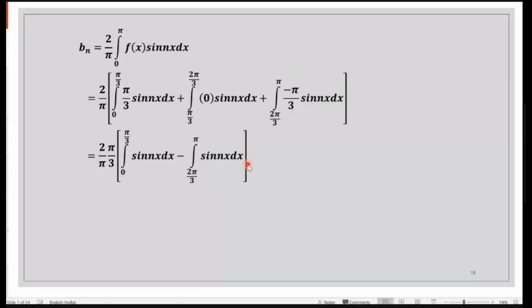Now integrate this function. As there is only one function, sin nx, we can integrate directly. The integration of sin nx is minus cos nx upon n.